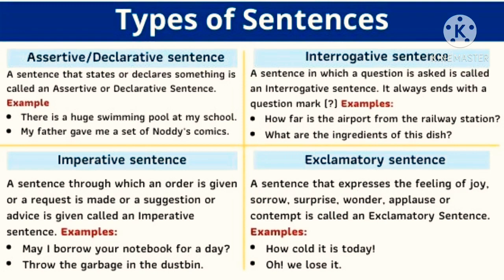These sentences end with an exclamation mark. For example, how cold it is today. Oh, we lose it. So, by looking at these four kinds of sentences, you might be able to figure out that sentences can be assertive, interrogative, imperative or exclamatory.